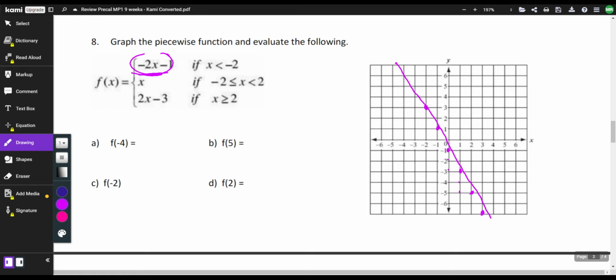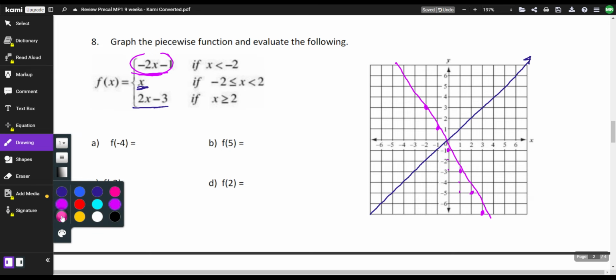If y equals x, for every y there's an x, so this one is a diagonal line that looks like this. And then 2x minus 3, that's going to be negative 3 as the y-intercept, so we go to negative 3. And then the slope is 2 over 1, so we're going to go up 2 and over 1, up 2 and over 1, up 2 and over 1.